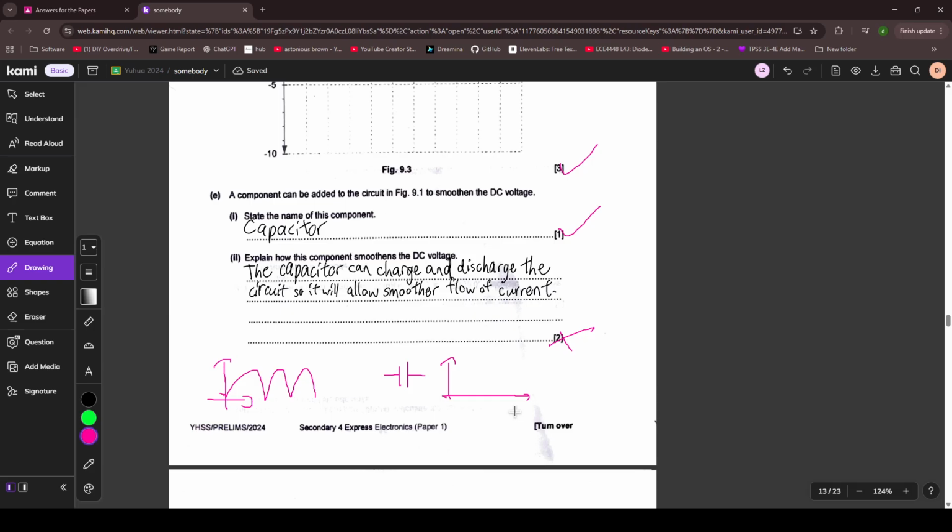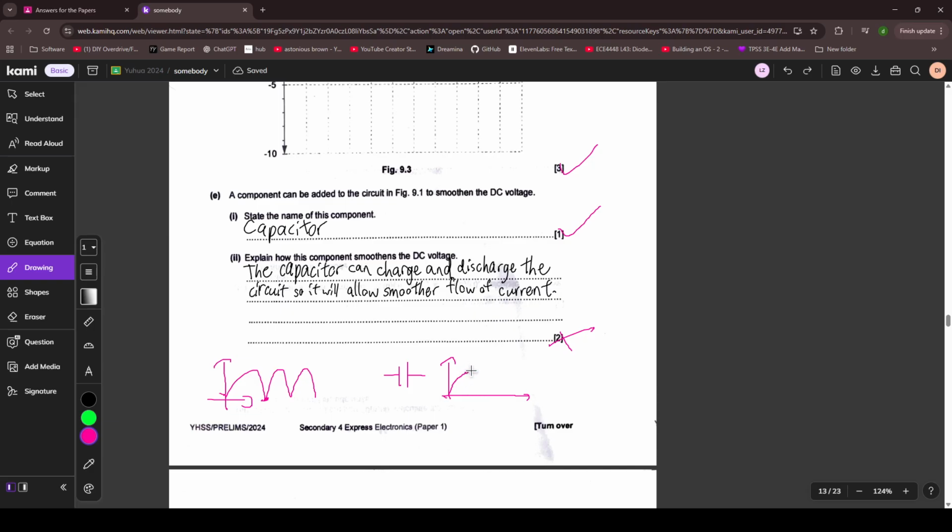What if it took time for the capacitor to charge? If it did, it would take time to charge, and once the voltage goes to 0 or close to 0, the capacitor will start discharging. So now we are here because this part is charging the capacitor, but now we are in this down part. Since the capacitor takes time to discharge, it's not going to jump all the way to 0.